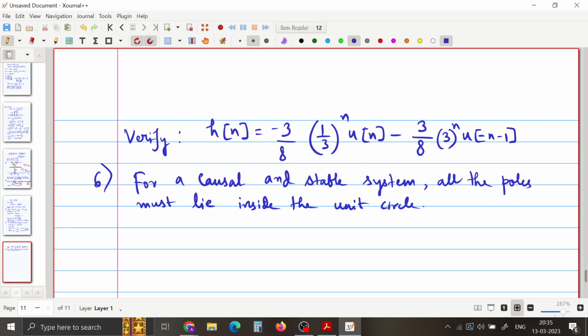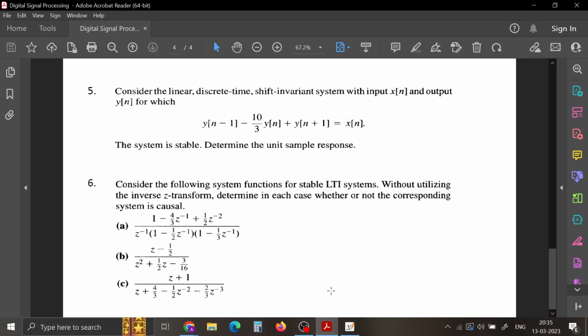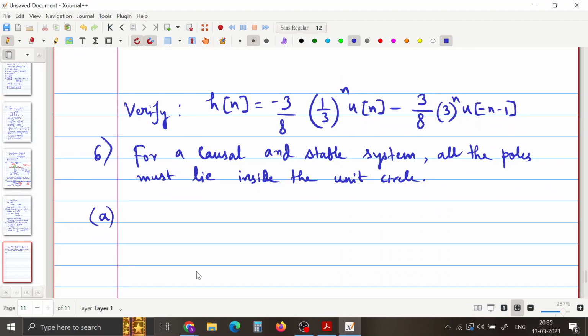And you can obviously guess the one for an anti-causal and stable system: it should be outside the unit circle. So let me just discuss only one part, part A. In part A, I'm writing out the transfer function here.